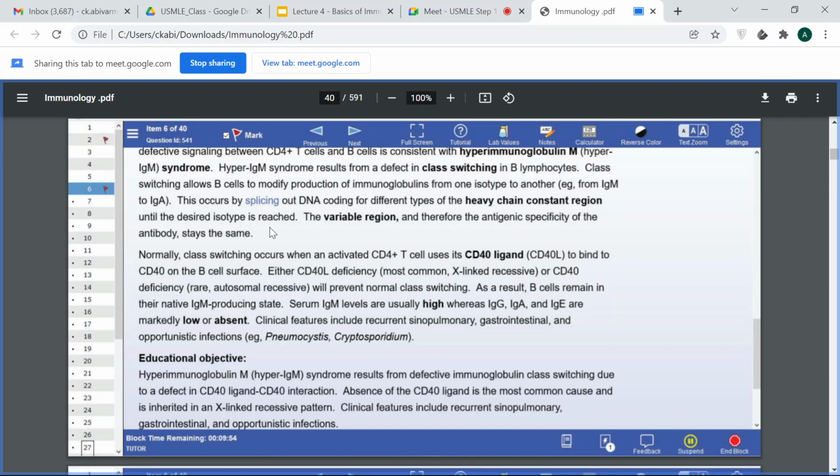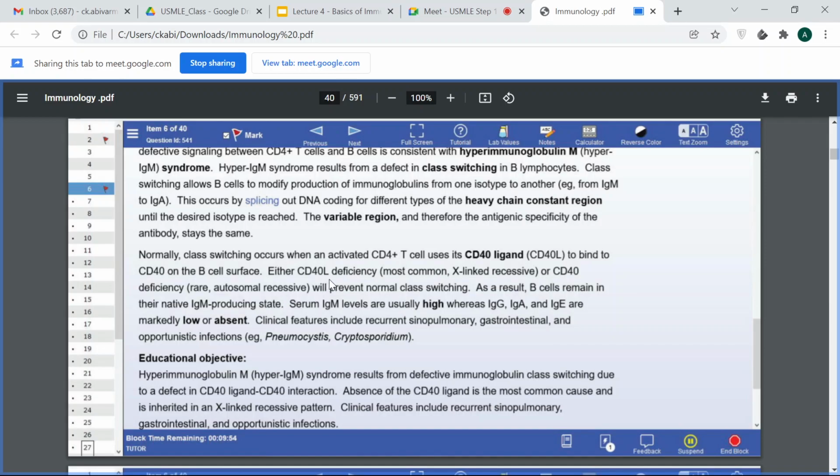Light chain, we saw, only has V and a J and a small constant region, versus the heavy chain, which has a large constant region that induces macrophage and complement activation. It has its own properties, and that is what determines its class type. So you need to change that in isotype switching.